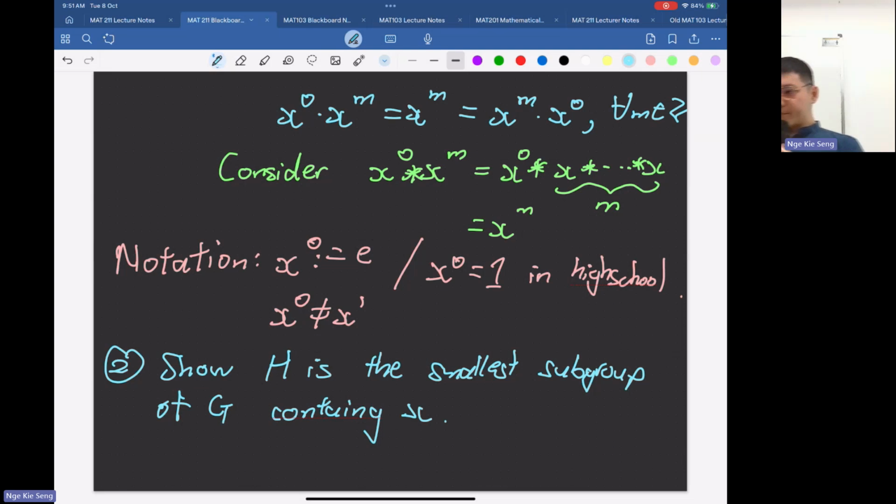So how to show this? Just now we said that if any other subgroup, let's call it H prime, then H prime has to contain H. So let's suppose H prime is another subgroup containing X.